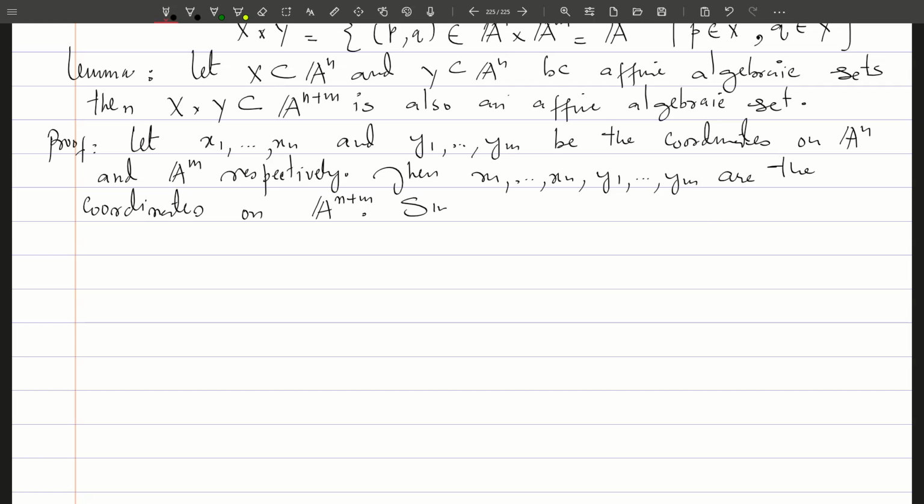since X and Y are given to be algebraic sets, they are the zero sets of some polynomials.